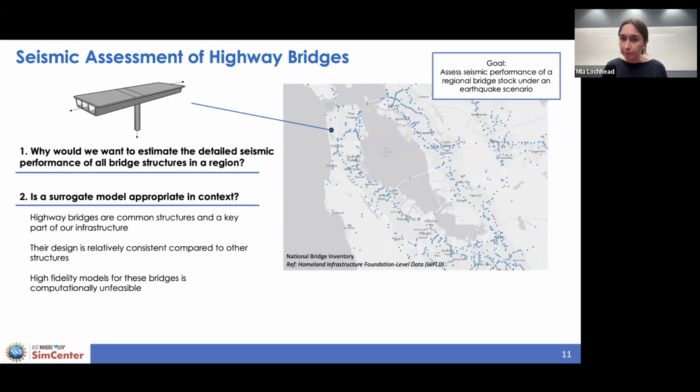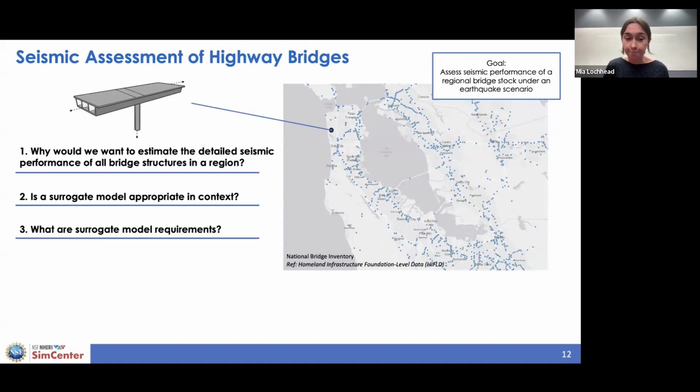Furthermore, the design of highway bridge structures is relatively consistent compared to other bridge structures. And because of the quantity of these, high fidelity models for these bridges for use in the region are computationally unfeasible. These three points lead us to deciding that perhaps a surrogate model is appropriate in this context of highway bridges.